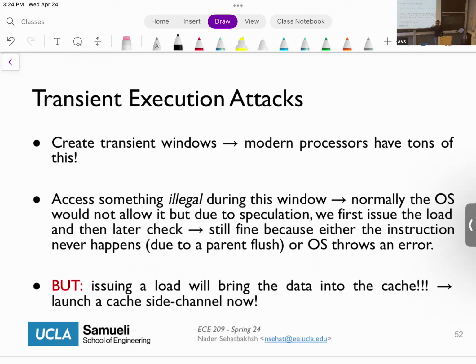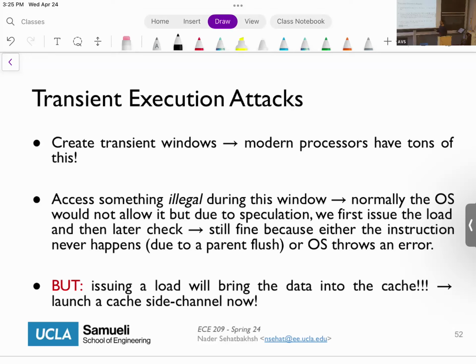The time that we execute things speculatively, we call a transient window, because we're not sure whether these instructions are going to be really committed or whether we need to flush them. So we let them go, but if we see that we made a mistake, we flush them. If we see that we didn't make a mistake, that's great. We can just keep them in our pipeline.